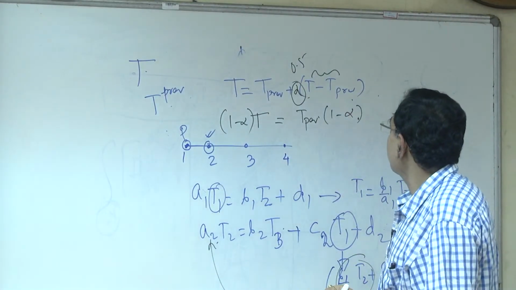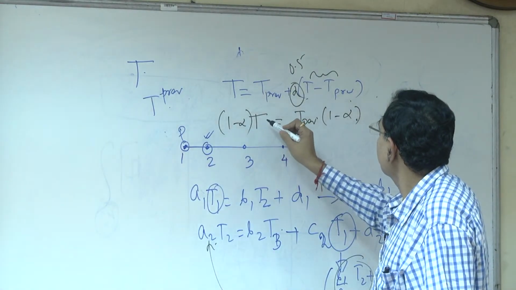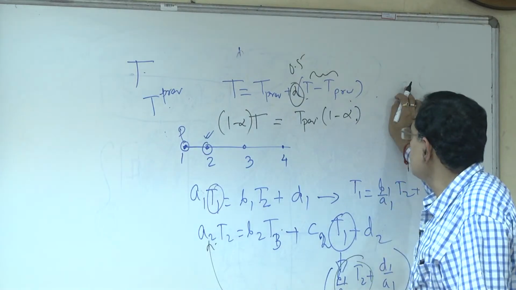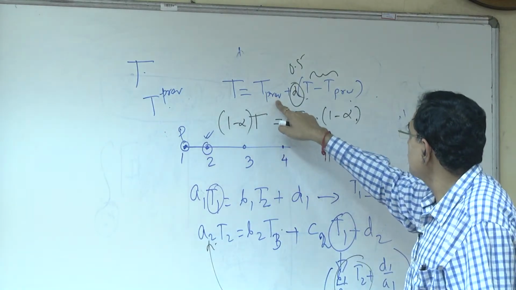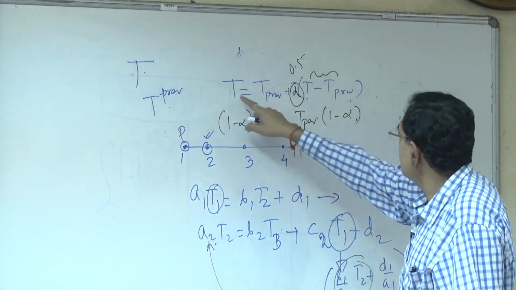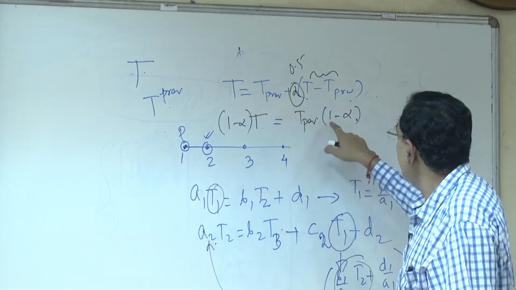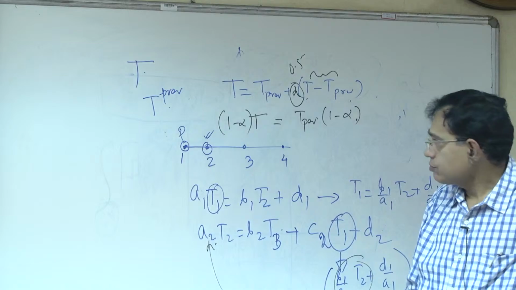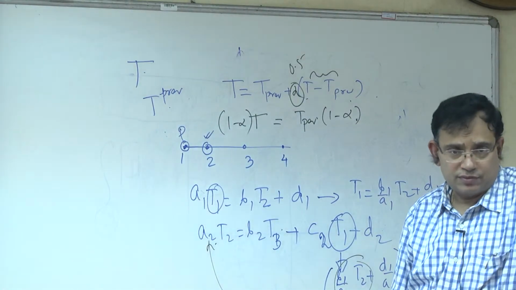So, sorry, t equal to t previous plus... yes. Now if you multiply it with alpha, so let us see, t, then 1 minus alpha and then t previous into 1 minus alpha, right. Now see, technically it should not depend on what alpha is, right.